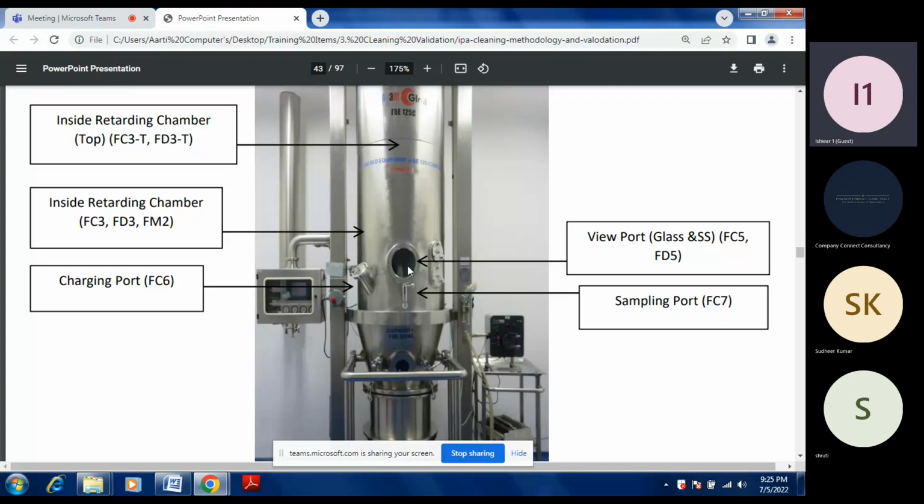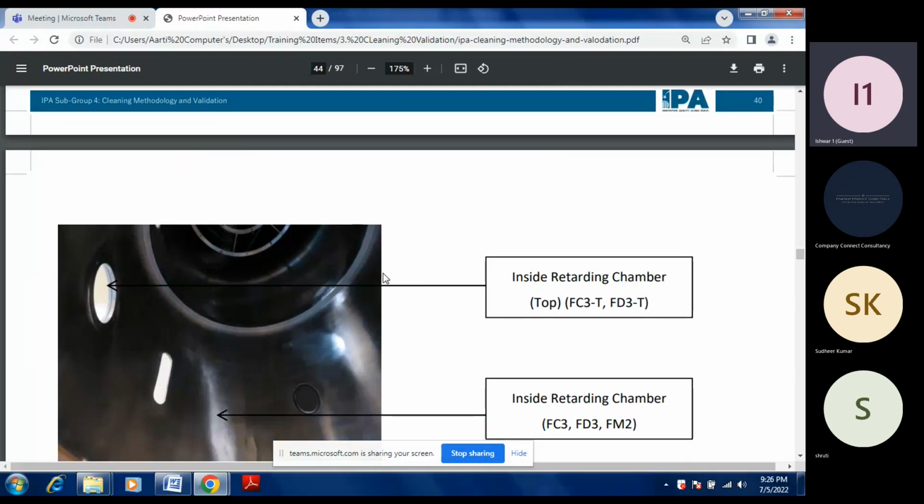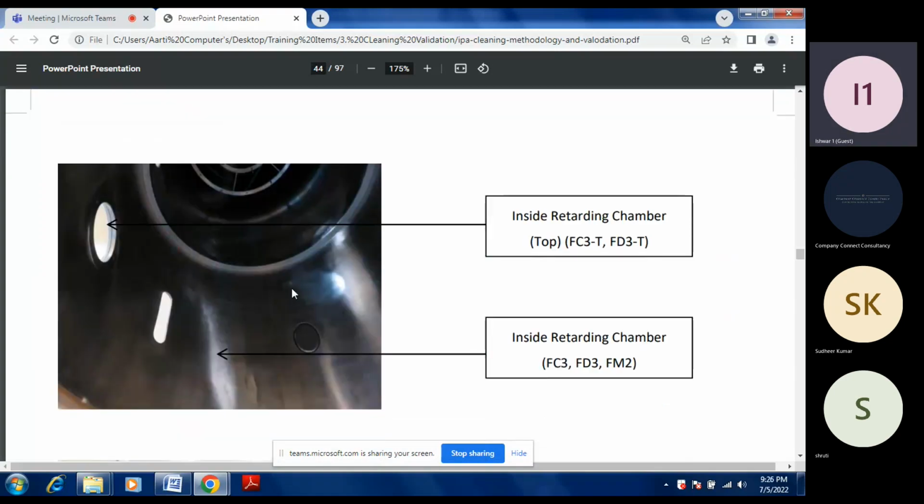And this is the glass view panel to see the material inside the FBD bowl. We can see the fluidization of the equipment, and if lumps of product are observed, we can check from here. So this is the glass view panel, and this is the bowl. And there is one part called the sampling port. These are the different critical parts.